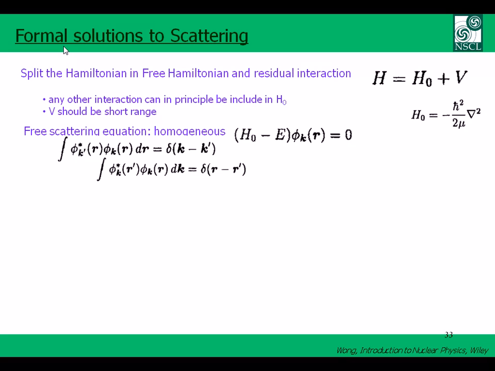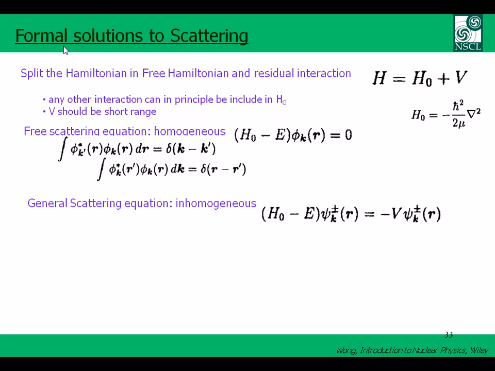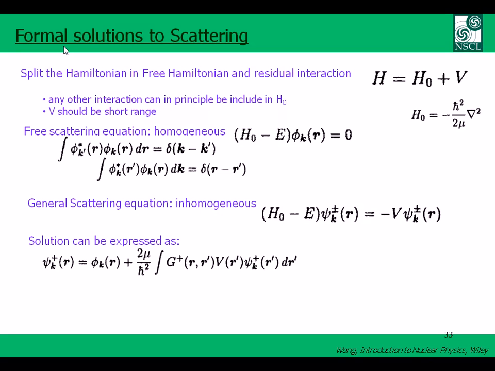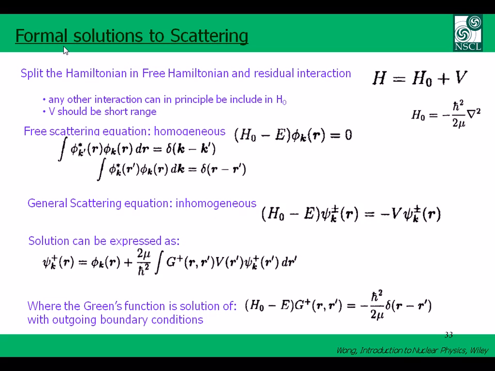So if I know the homogeneous solution, I'm done, because I can just solve this as an inhomogeneous problem, and the solution for the inhomogeneous problem has the solution for the homogeneous plus a specific solution for the inhomogeneous, where that G comes from the Green's function propagator with outgoing boundary conditions.